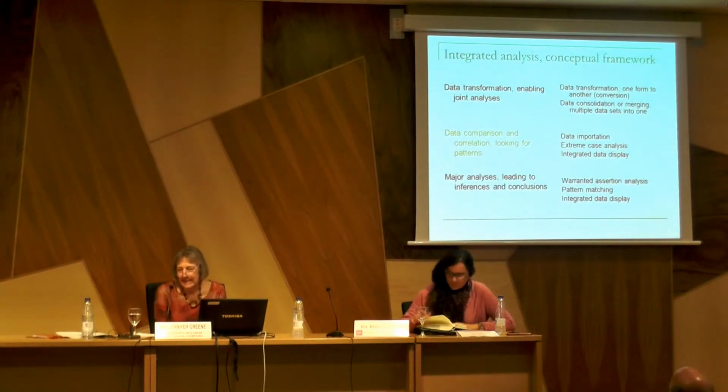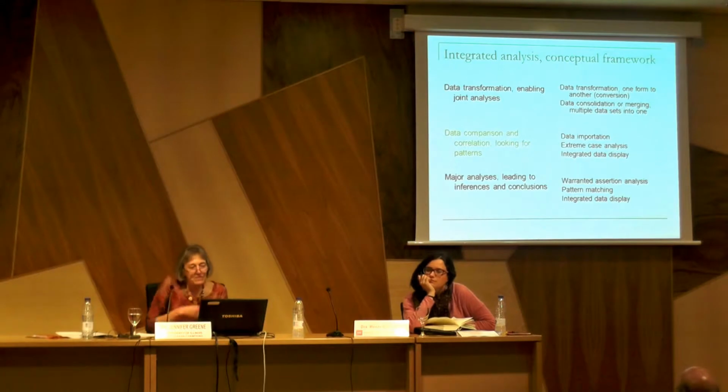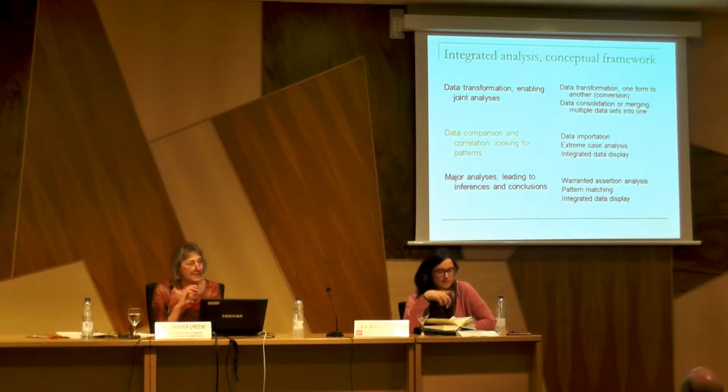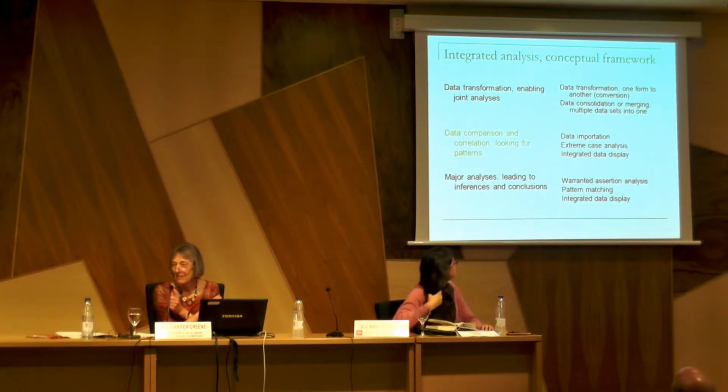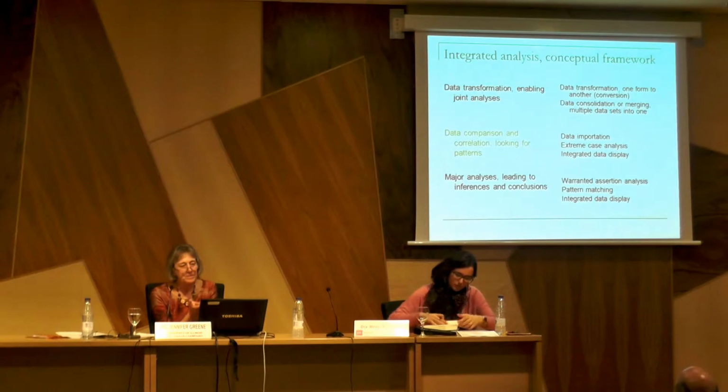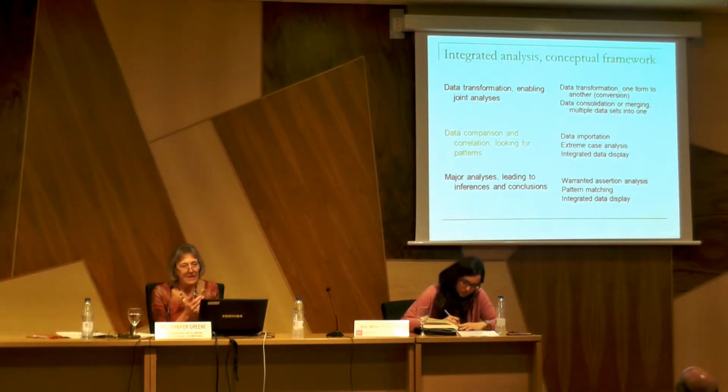So we're going to the next category. This first category was transforming data to allow for joint analysis of 2 or more data sets together. We have to get them in the same form. And then the other strategy was merging data, moving it to a higher level and merging, consolidating data again, so we can analyze it all together.